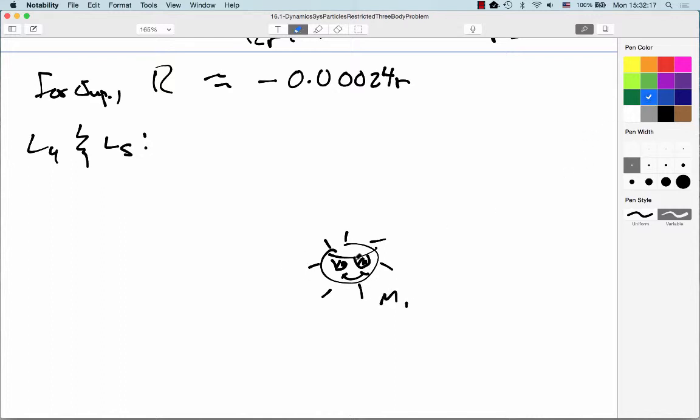M1. Those are all supposed to be 60 degrees. I tried. Okay, so we've got Jupiter out at this vertex here, M2. And then since I drew the one on top, that must make it L5.